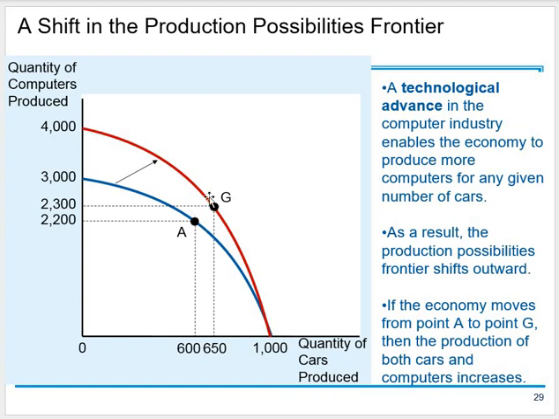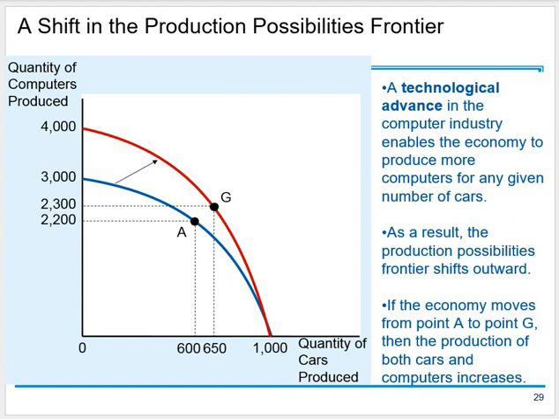So in that sense, they can achieve the point G, which they could not achieve with the old PPF. So a technological advance will shift your PPF further, right, beyond your old production possibilities. And when that happens, you can actually achieve the combination you could not afford before.